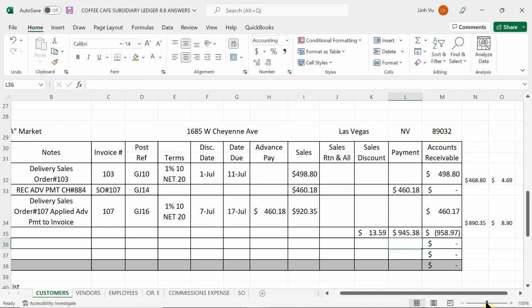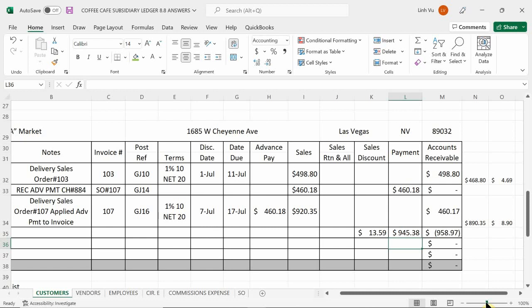That means I should be receiving a check for, oh my gosh, I cannot read, $945.38. Okay, so giving you a grand total of $958.97. So right here, it says Super A does not owe me any money.